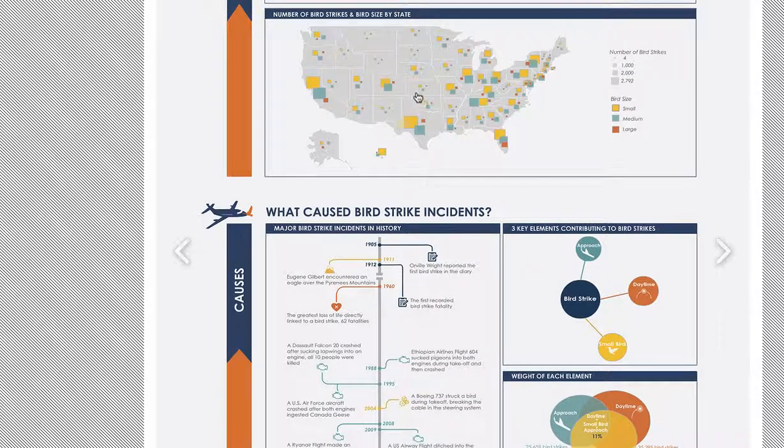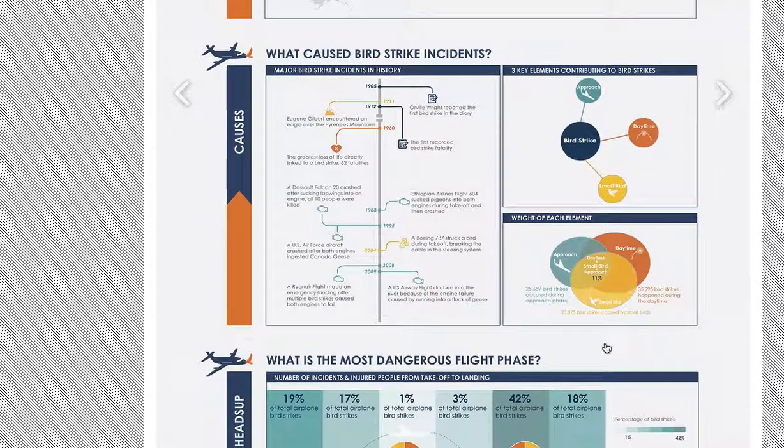For example, here I used a single shape of square, and here I use a single shape of circles. It is a little different from my model because my model actually has less variety of shapes. It only uses the pie and the bar charts, but I have more such as squares, circles, and line charts.